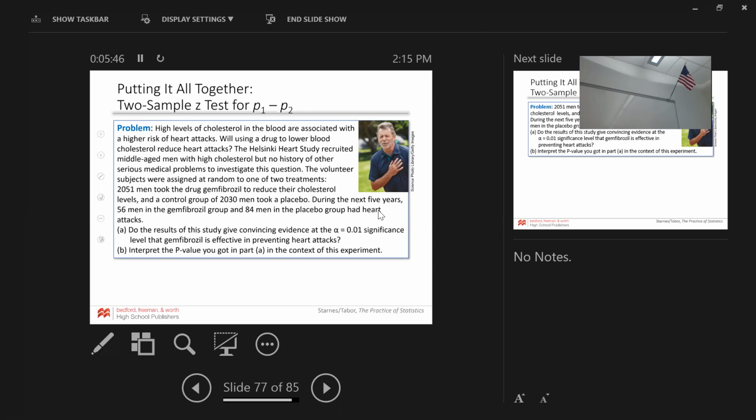Because it's a lower level, and anybody in med tech, if it has to do with a medication, don't just use 5%. You have to come up with a more demanding tail. That this is effective in preventing heart attacks. So in this case, your alternate would be a one-tail test. Go to your calculator and load up the data and see if you did this correctly.